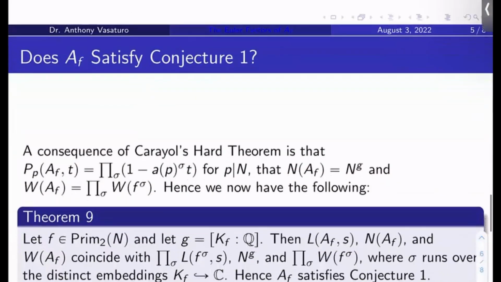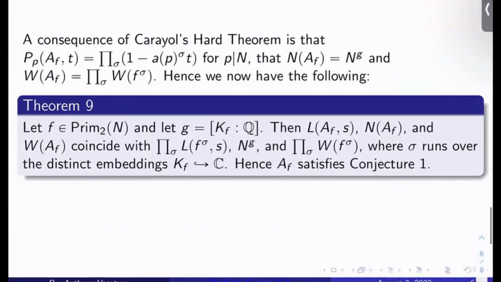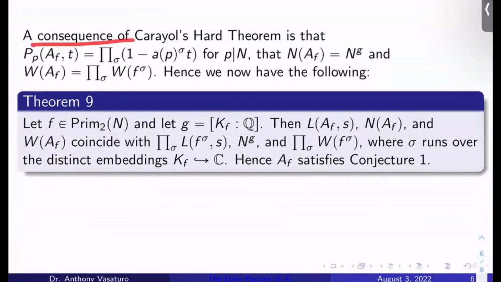Okay, so here's the wild theorem then. A consequence of, you guessed it, Carayol's theorem popping up all over the place, is that it turns out the local Euler factor, the local L function of A_F at T, is the product over sigma of 1 minus a_p of f^sigma times T, for p dividing N. It turns out the conductor of A_F is N to the g, and it turns out the root number of A_F is the product over sigma of W of f^sigma.